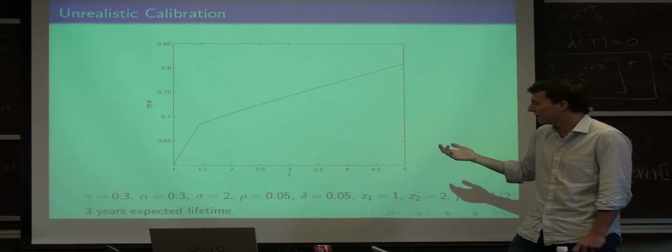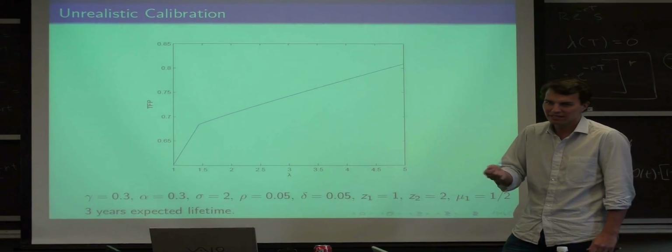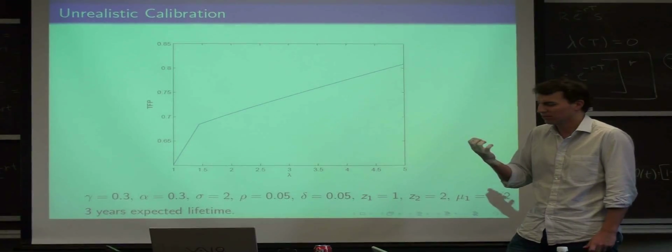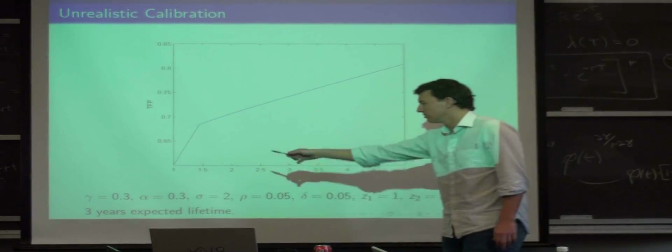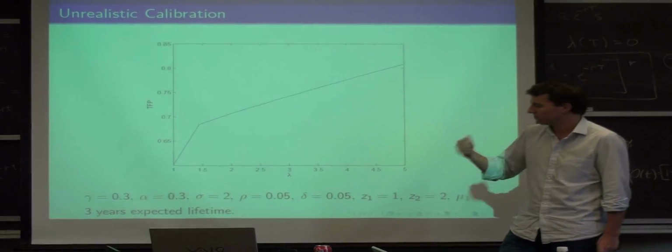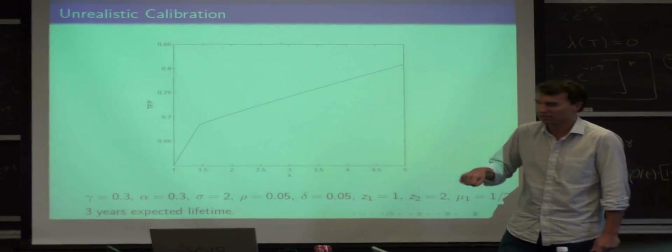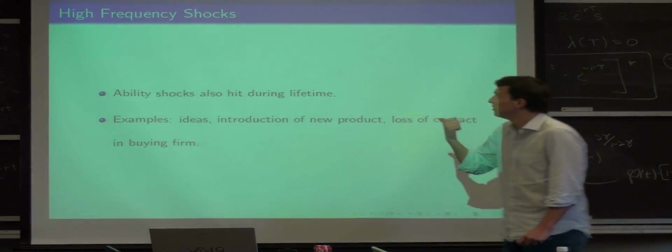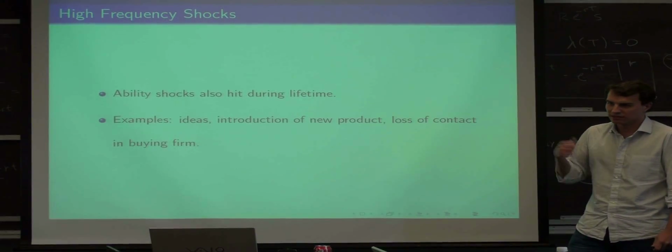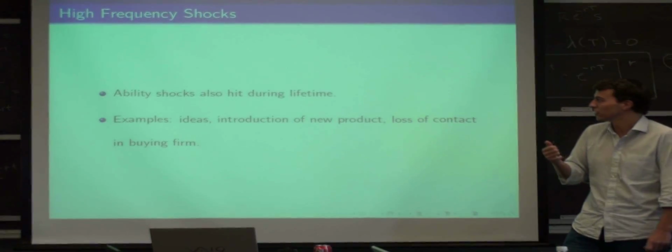I think that instead of having ability shocks when people die, it's much better to think about these ability shocks as something that hits you during your lifetime. And then you can think of the gamma as something like the expected time until you get a new ability shock. So this is exactly what I'm saying here: you should rather look at much higher frequency shocks.